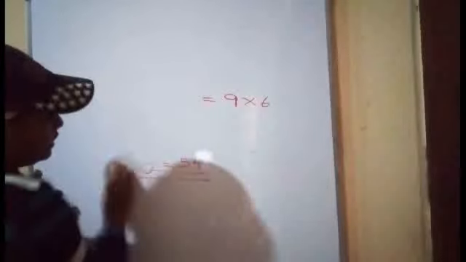So let's see the next equation. Solve 2 in brackets m divided by 3 plus 1 in brackets equals 10.